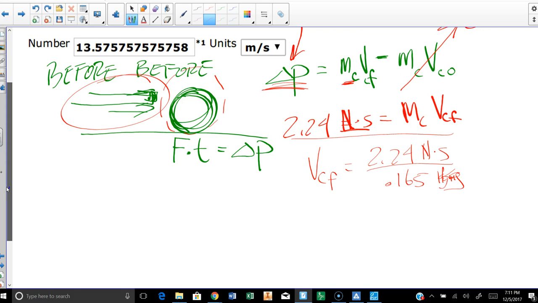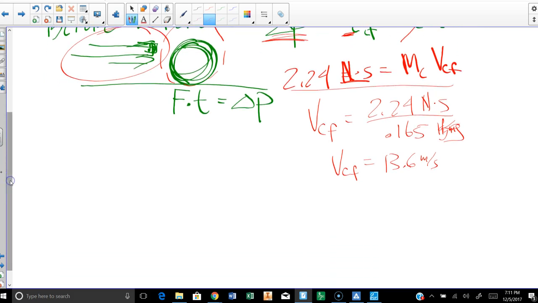So in this case, 2.24 divided by 0.165 gives me 13.6. So the velocity of the cue ball after being hit by the cue stick is going to be 13.6 meters per second. So we need that first.